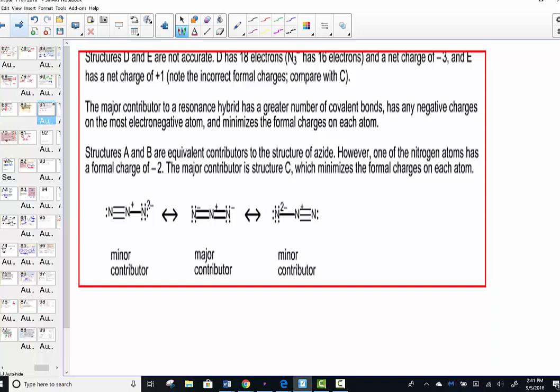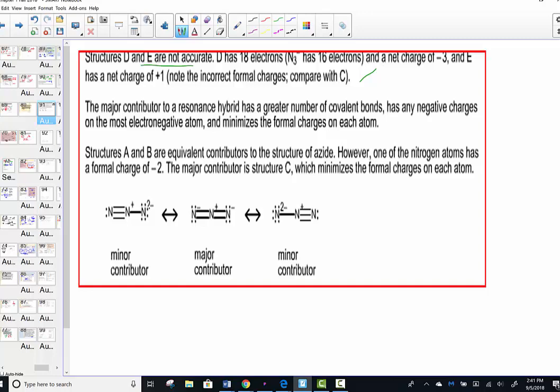We said structure D and E were not accurate. Too many electrons. A net charge of -3 or a net charge of +1 helped us eliminate some of those. The major contributor to a resonance has a greater number of covalent bonds, has any negative charges on the most electronegative element. Well, they were all nitrogens in this case, so that really didn't help. But they minimized the formal charge on each atom.